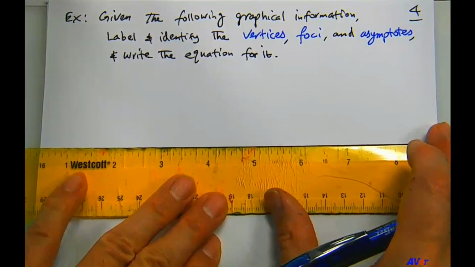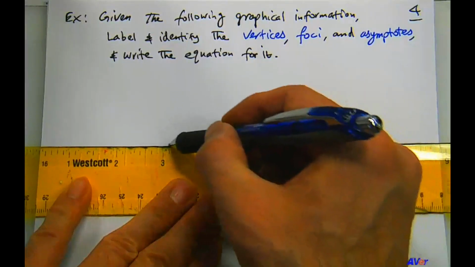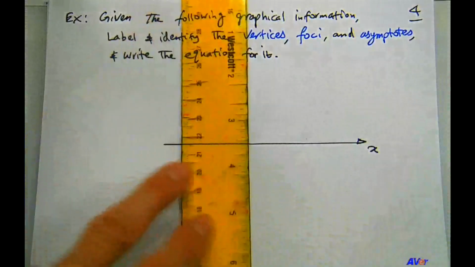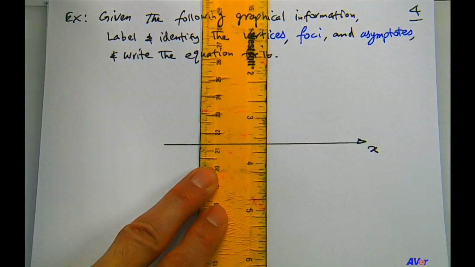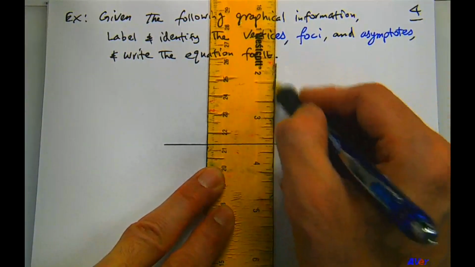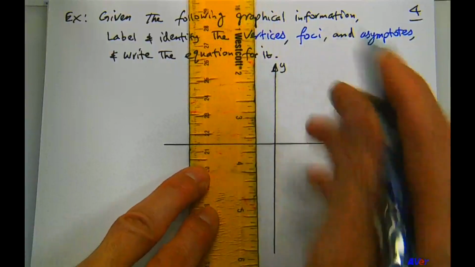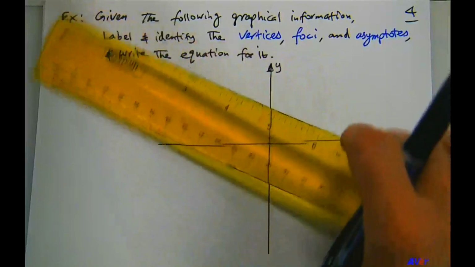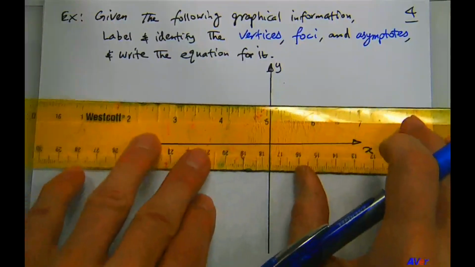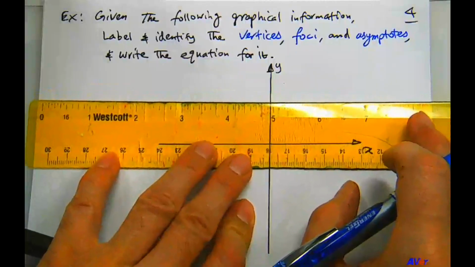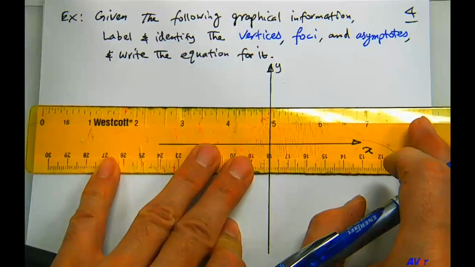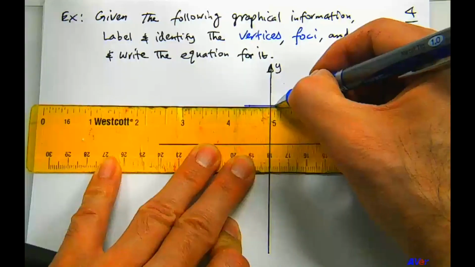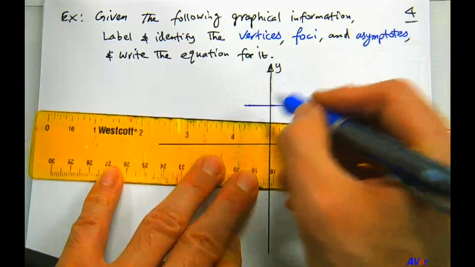Okay, and here's the graph. The graph is given to us, and I want to draw it here. Like that. This time I want to draw the central box. That way my figure will be symmetric.